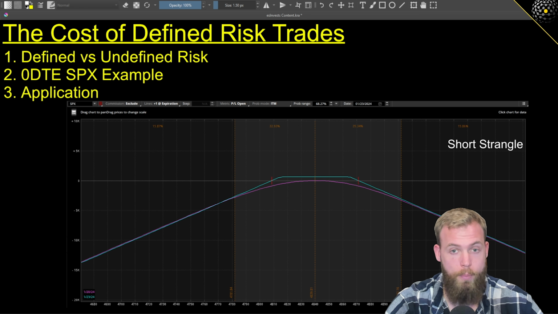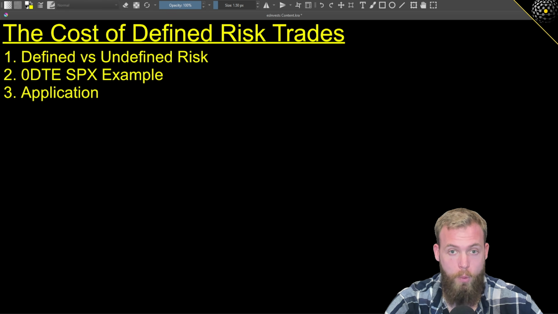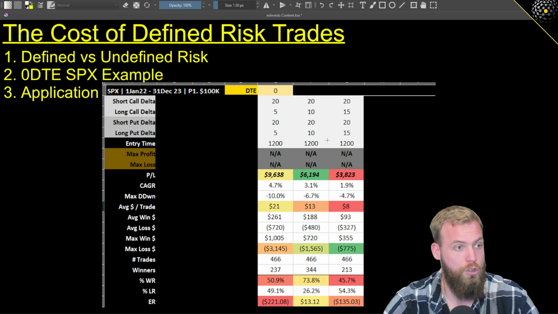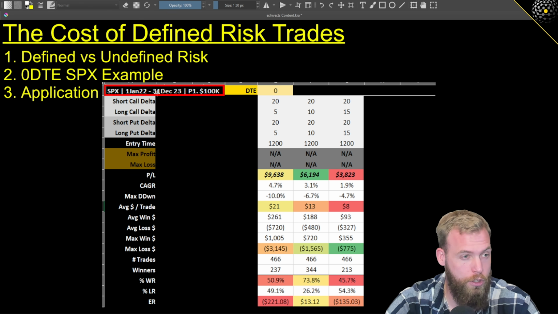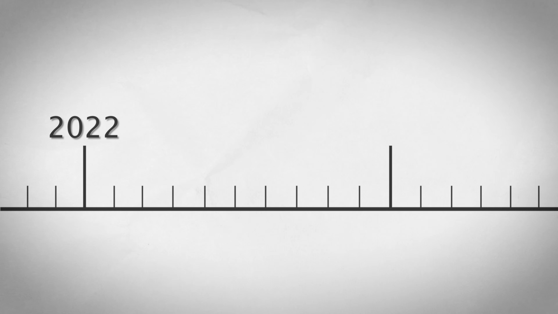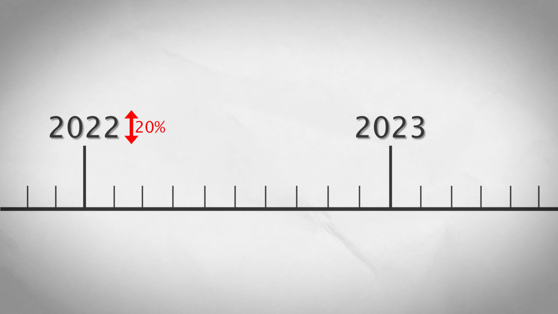So what I want to talk about now is an example to help us dive further into this. Here I look at 1 Jan 2022 to 31 December 2023. Why these 2 years? I wanted to pick a short time frame that includes two extremes. 2022 was a pretty big down year, about 20%, and then 2023 was a decent up year, up 23%.